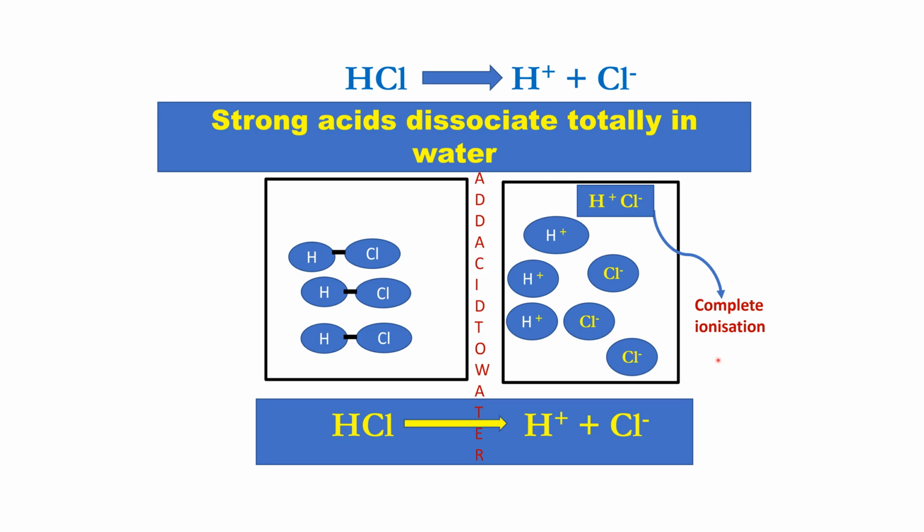So there will be complete ionization of HCl in water, with complete dissociation into its separate ions. This is applicable to all strong acids, not only HCl. It is also applicable to other strong acids such as sulfuric acid, H2SO4, or nitric acid, HNO3.